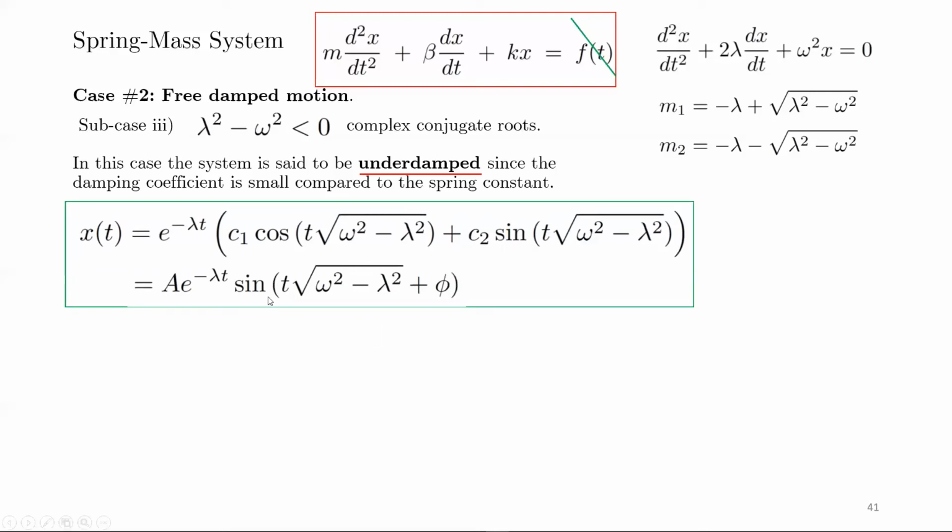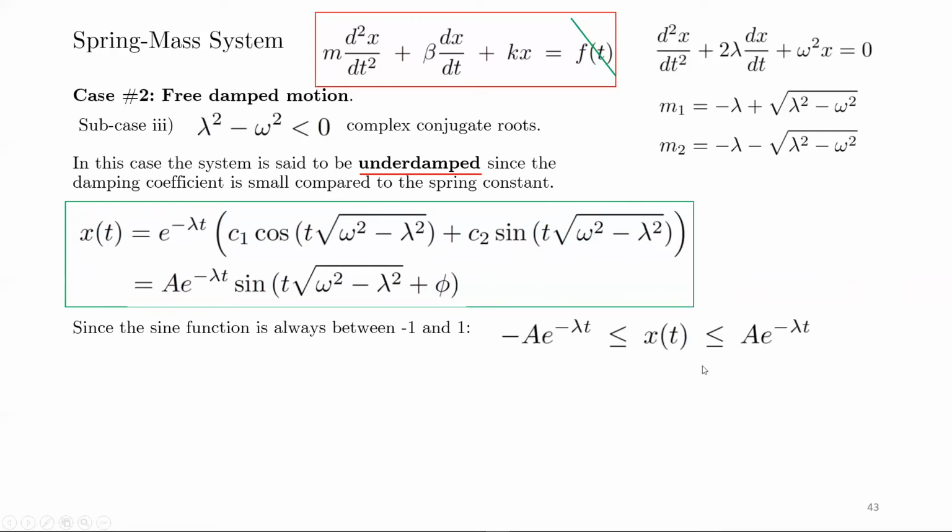So notice that the sine function here is always between -1 and 1. Okay, this sine function is always bounded below by -1 and above by 1. So we know that the solution x of t is going to be between negative a e to the minus lambda t and positive a e to the minus lambda t, okay, because sine is always between -1 and +1.